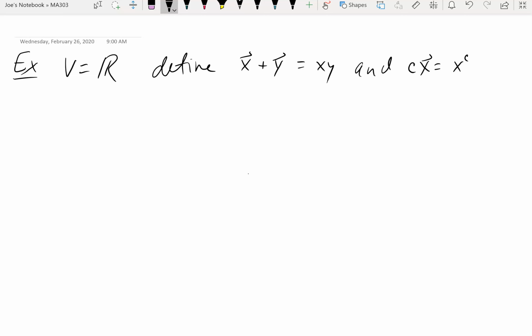All right. Notice on the homework that I gave you, with the operations I defined on there, I had circles around the plus sign and around the multiplication sign.